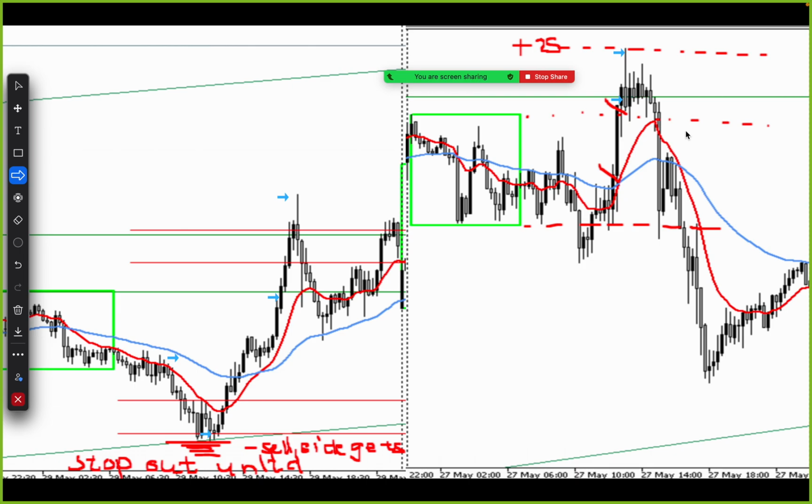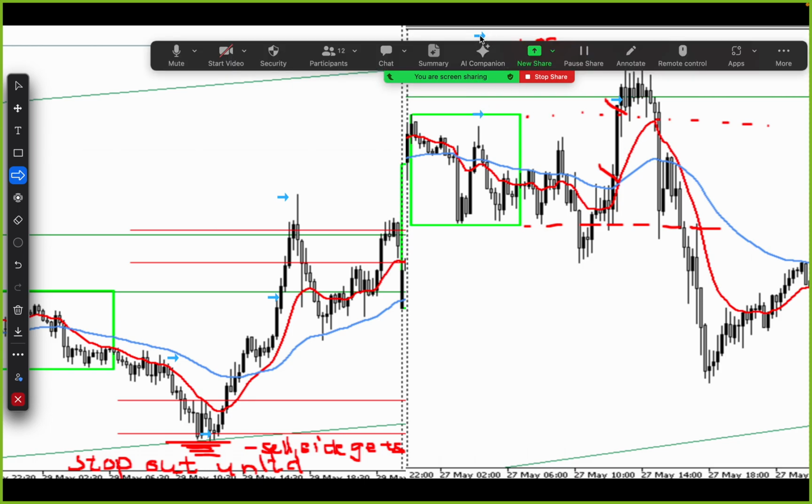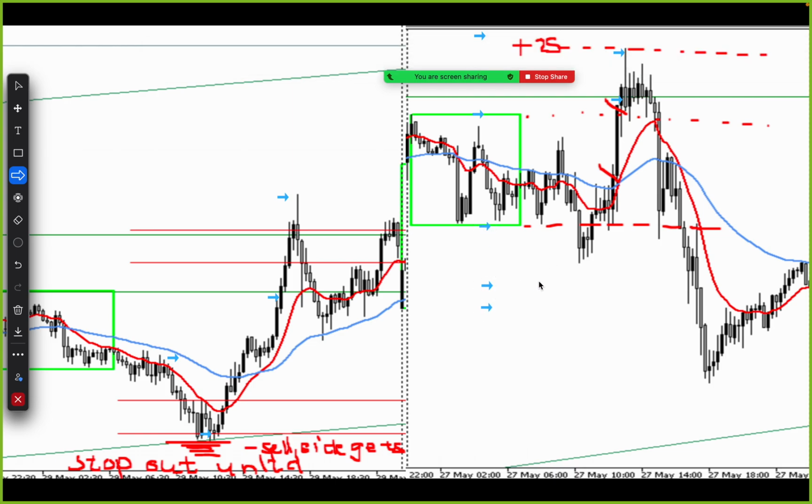The 25 pip stop hunt is exactly what you're looking for when you're trading currencies. You're looking for price to trade 25 to 50 pips from above the box or from beneath the box. Actually, let me put it right there. That's entirely what you're looking for.